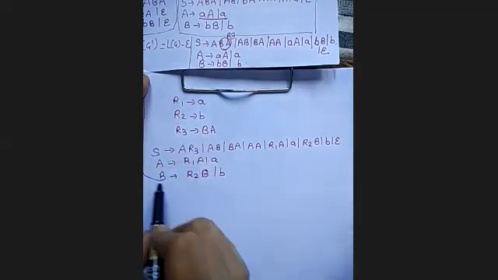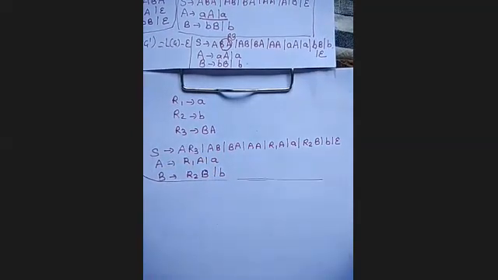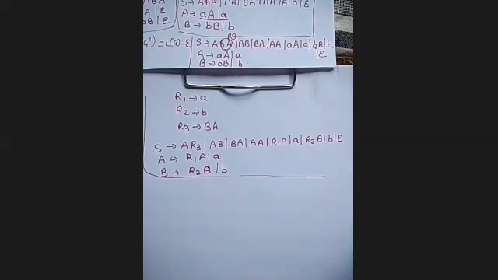So this is your final grammar. We added two new non-terminals, no, three we added. So your final grammar will contain six non-terminals: S, A, B, R1, R2, R3. Okay, is that clear?